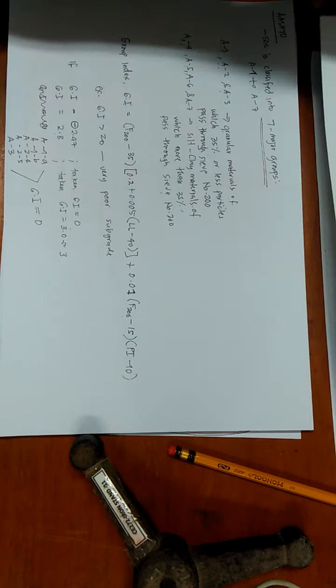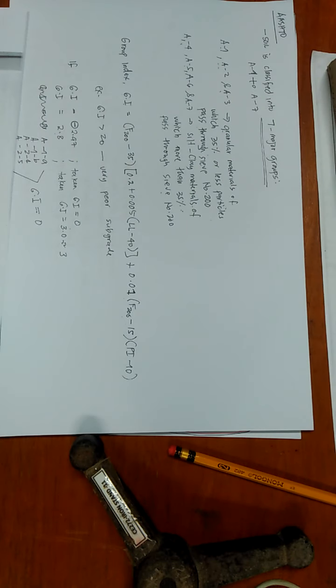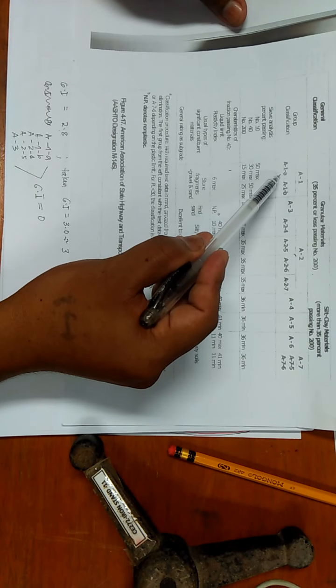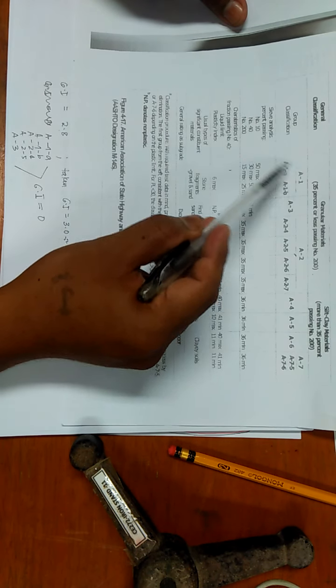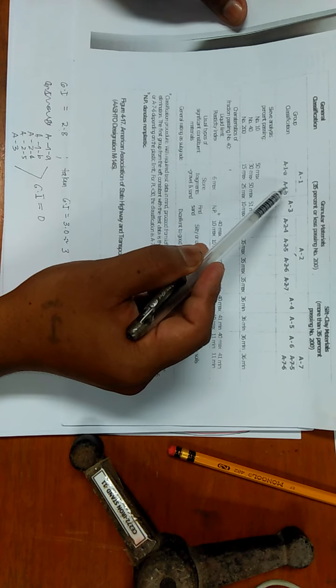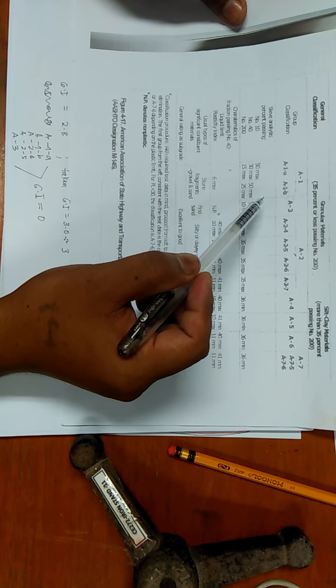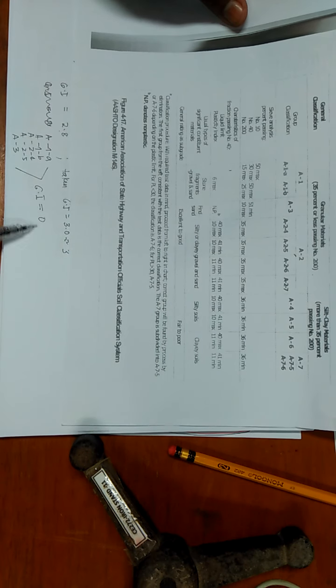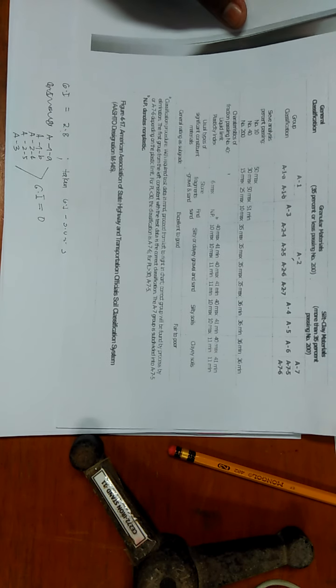Take note of that. Sabi niya dito, kapag nag-lie mismo yung material mo sa A-1-a or A-1-b, there is no need to calculate your group index. Rather, automatic, your GI is always equal to 0.